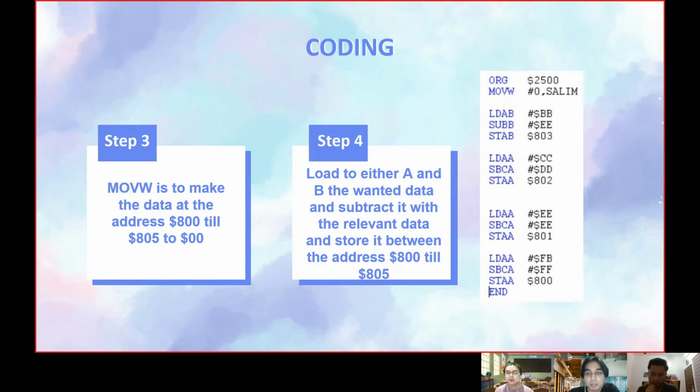Then the next line we store the answer of the subtraction to address 803. Then we load A with the value of CC, and we subtract from A, which is CC, the value of DD, with C. C is $01. Then we store the answer into address 802.